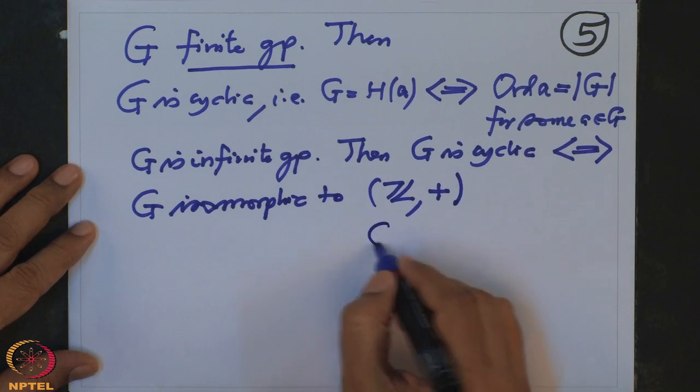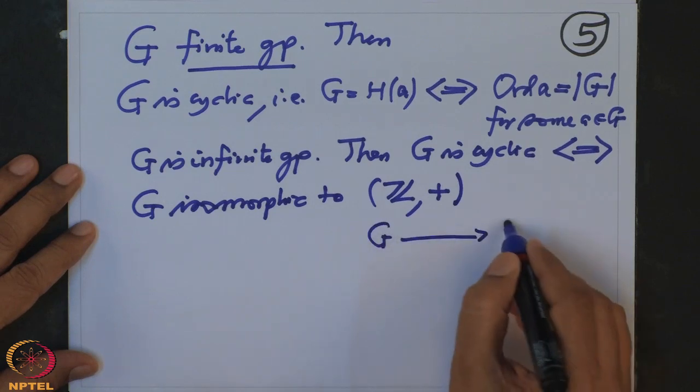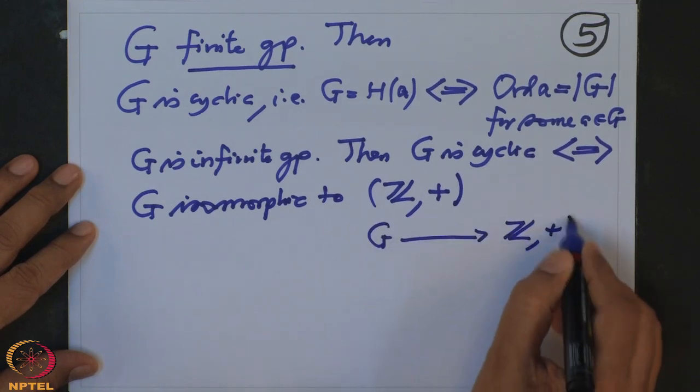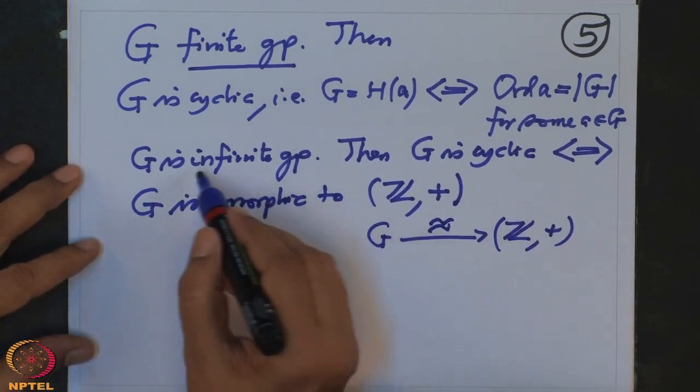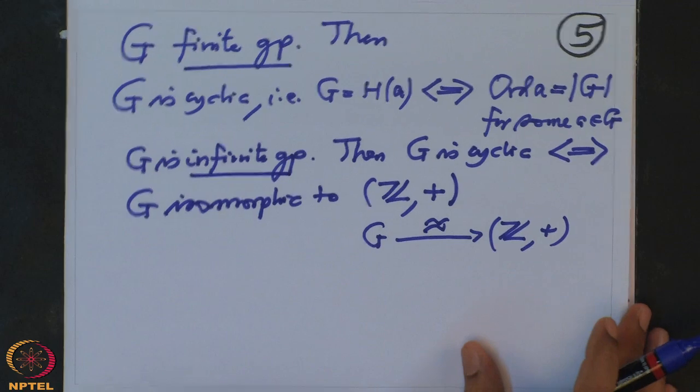So, there is an isomorphism from G to Z plus. Then only it is cyclic. So in the infinite case there is only one group up to isomorphism, and in the finite case there are many more.